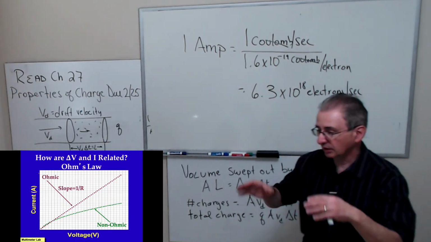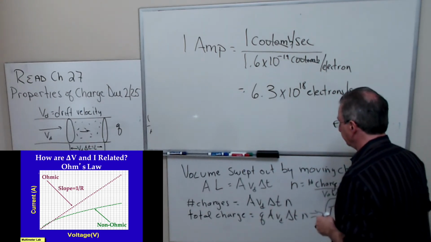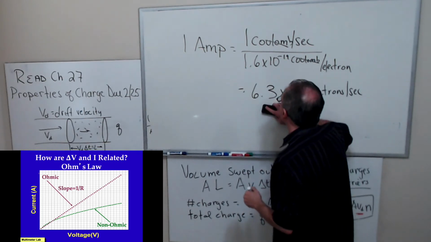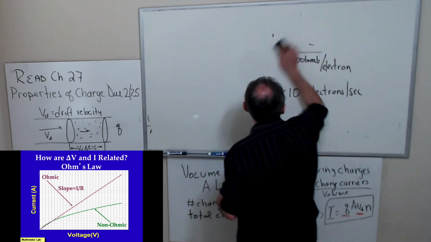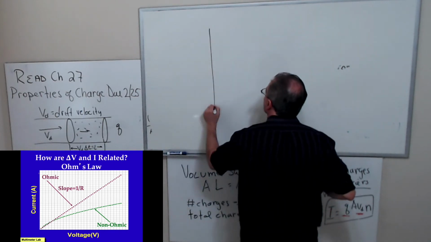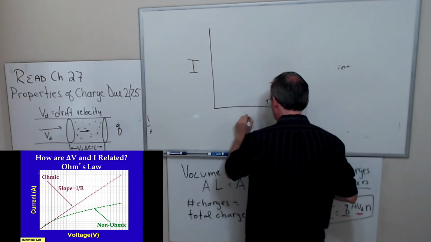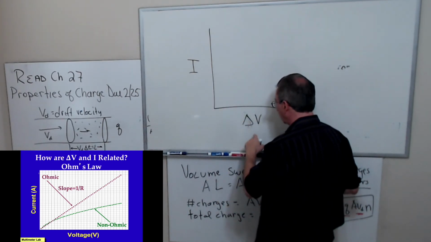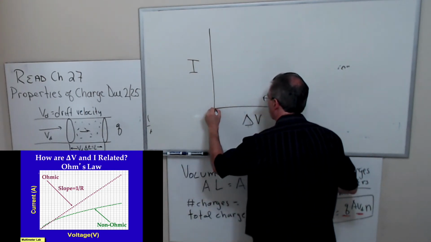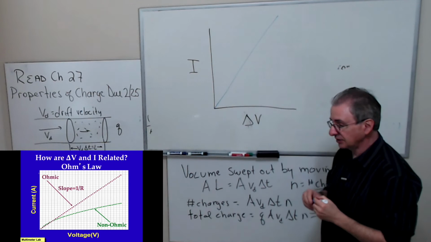So in a material, how are delta V and I related? If you do an experiment, of course the results are going to depend on the material, but there's a lot of materials where, if you measure the current going through it as a function of delta V, the relationship is linear.